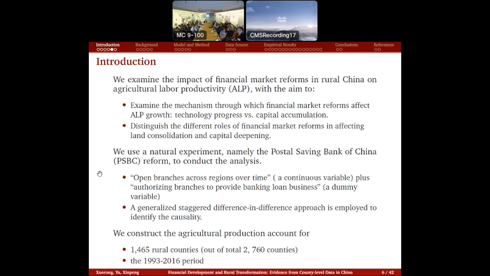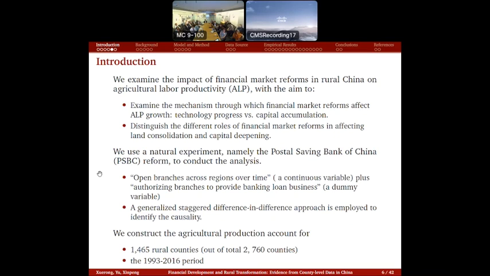Apart from that, we also want to distinguish the different roles of the components of capital accumulation. We decompose it into land consolidation and capital deepening. To do so, we use a national experiment, namely the Postal Savings Bank of China (PSBC) reform, which I will talk about later in the empirical part, to conduct the analysis.